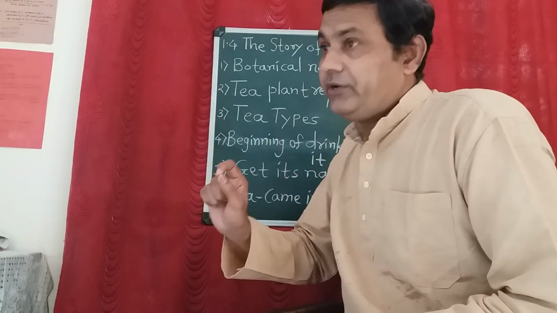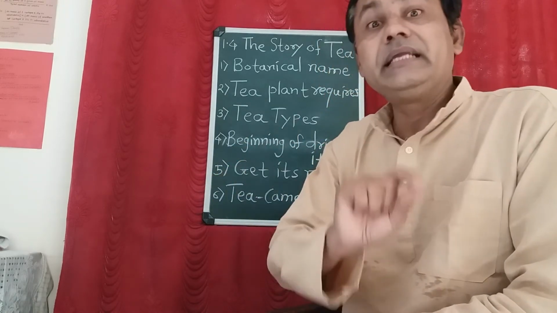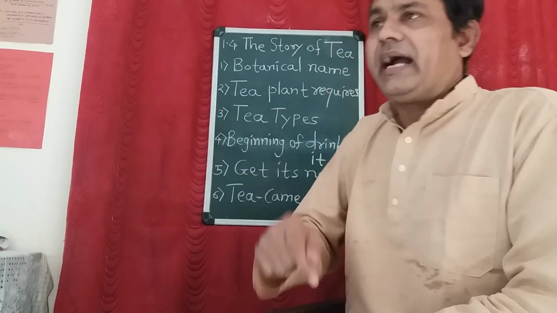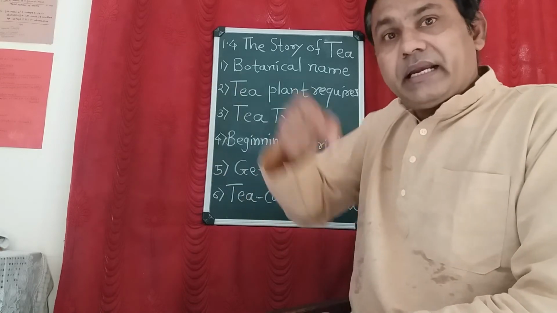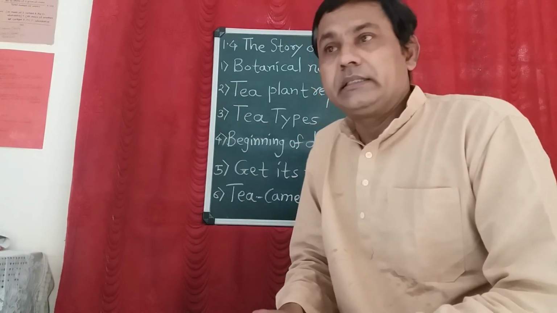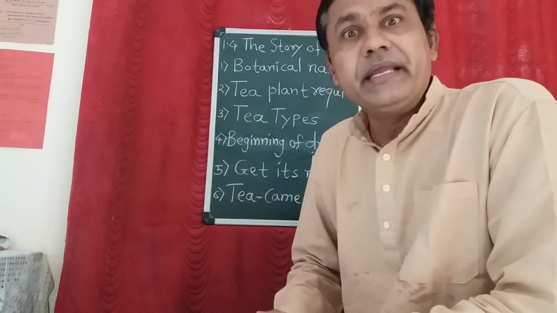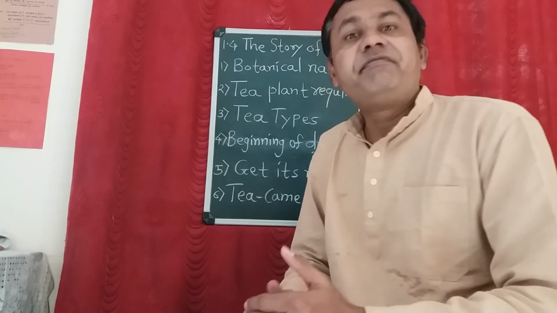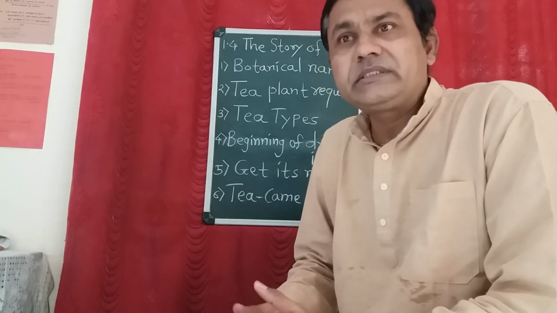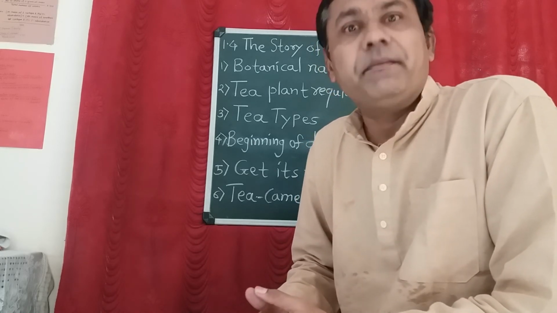But in 1770, during British rule, British people tried to plant seeds of China tea in Assam, and in other places of India also. But they failed to grow them. It was their unsuccessful attempt.